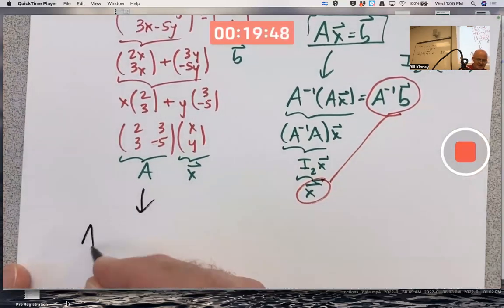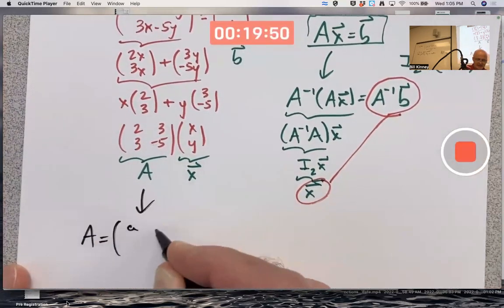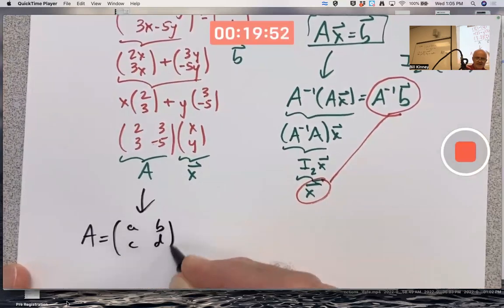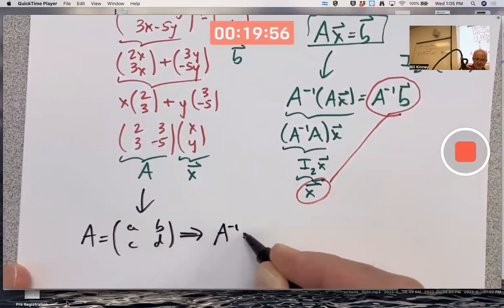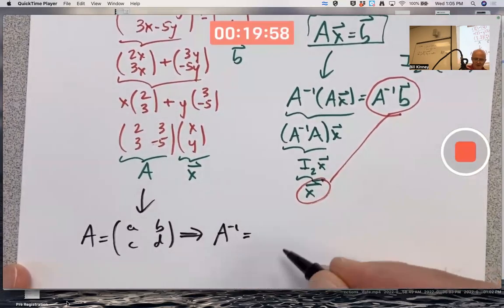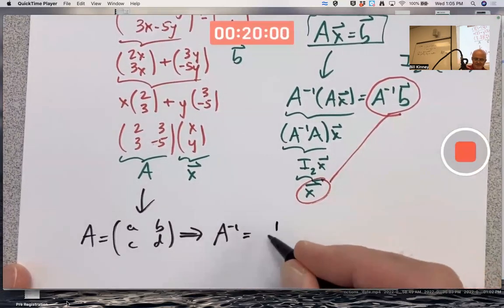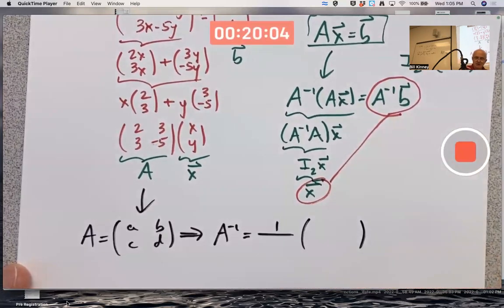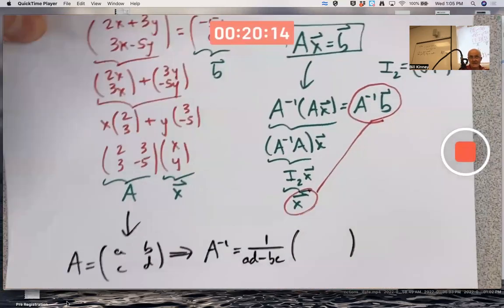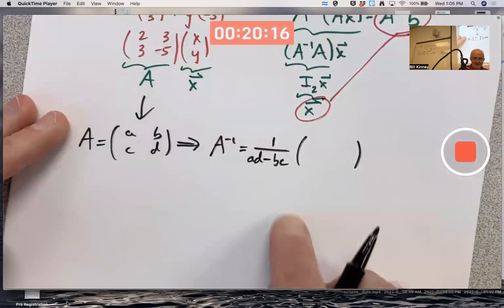If A has entries a, b, c, d, that will mean A inverse has certain entries, and it's most convenient to write those entries with a number out in front: 1 over ad minus bc, which is the determinant of A.